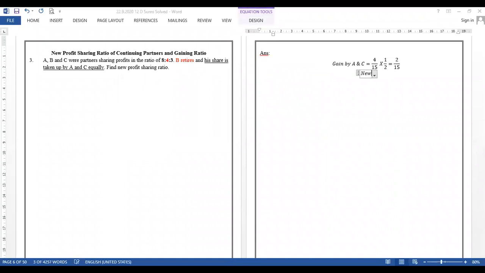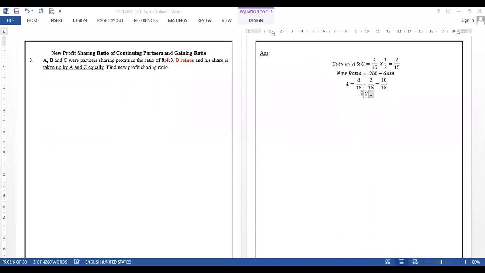Now the new ratio. The formula for the new ratio in admission was old minus sacrifice, but in retirement it has to be old plus gain. So for A, old share is 8/15 plus the gain of 2/15, which equals 10/15.